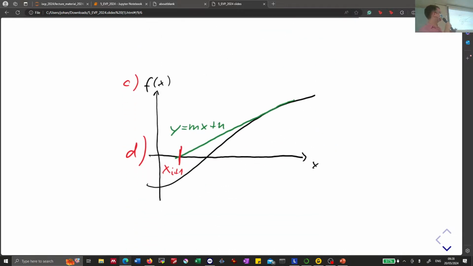And when we now have the linear equation, we can actually follow this and find when it is 0, right? The root. And the root would be our xi plus 1. So far, so good?